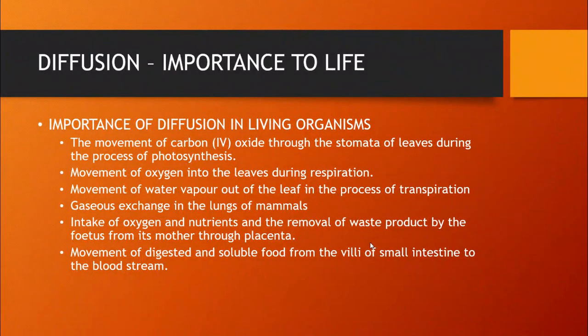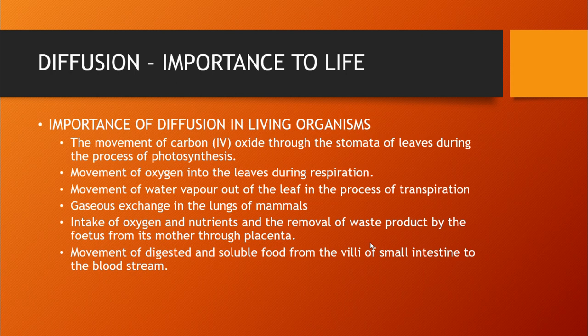Diffusion's importance to life. In which cases do we have diffusion? Movement of carbon dioxide through the stomata of leaves during photosynthesis. Movement of oxygen into the leaves during respiration. All these are life examples. Movement of water vapor out of the leaf in the process of transpiration. That's also diffusion. Gaseous exchange in the lungs of humans, that's respiration.